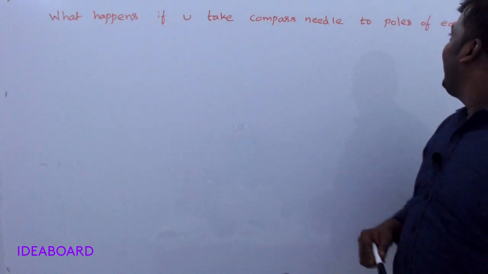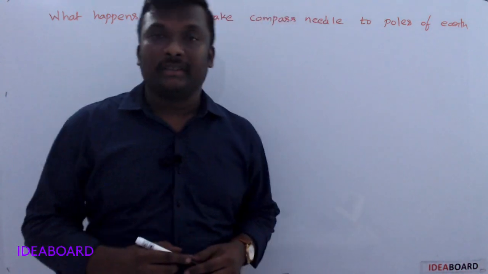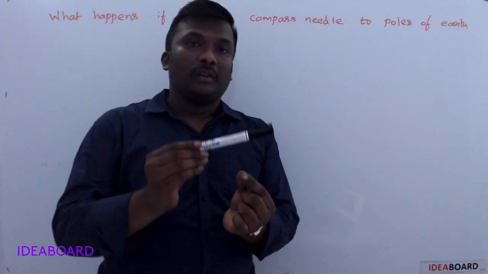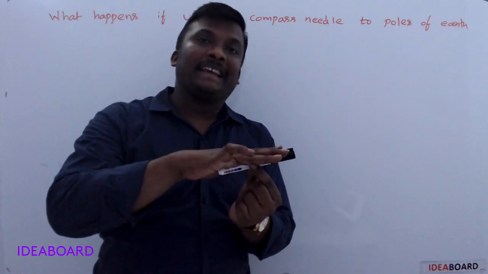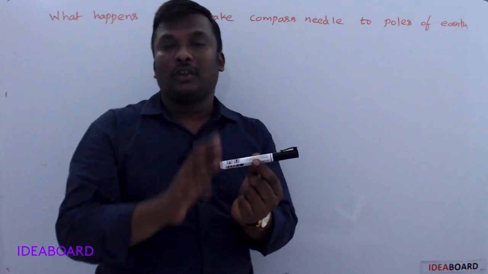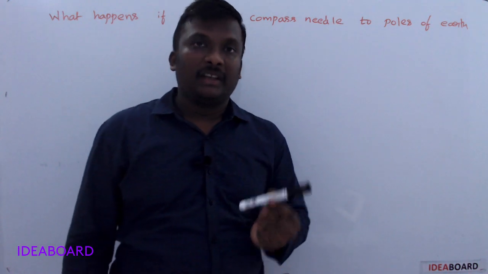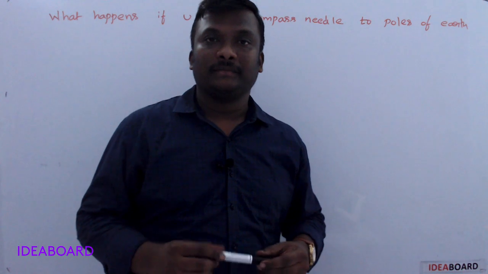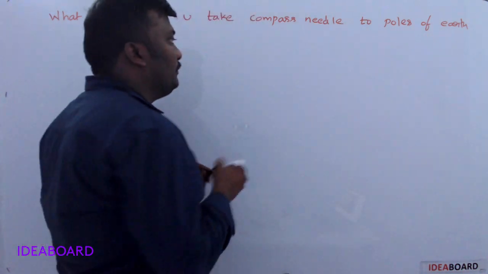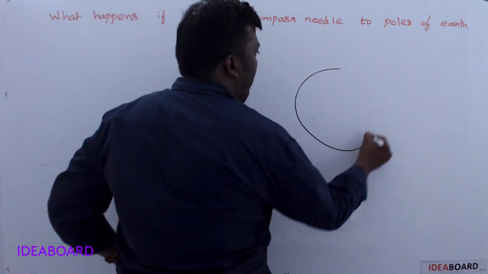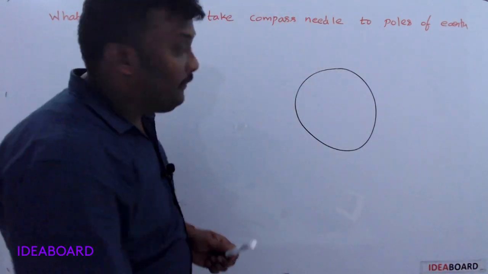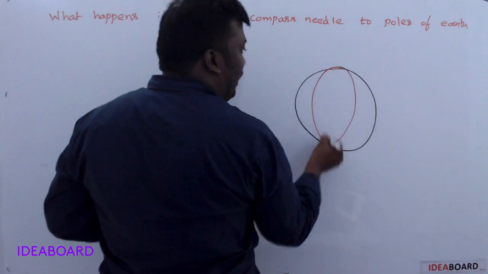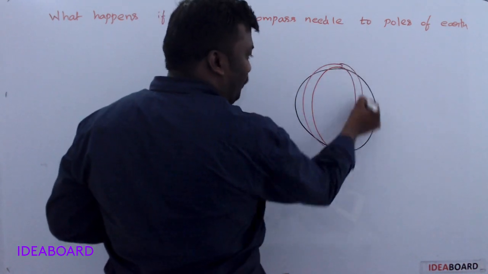What happens if you take a compass needle to the poles of the earth? Okay, compass needle is always used to find the exact direction of the north and south poles of the earth magnetic field. If you take this compass to the poles, what happens? Okay, at poles we know the magnetic field lines always diverge or converge at poles only.